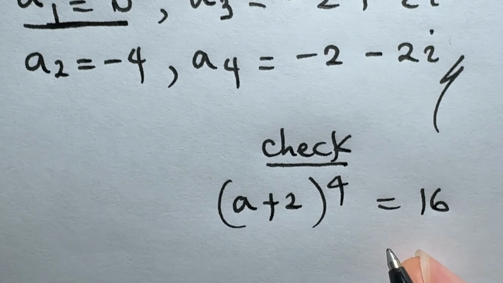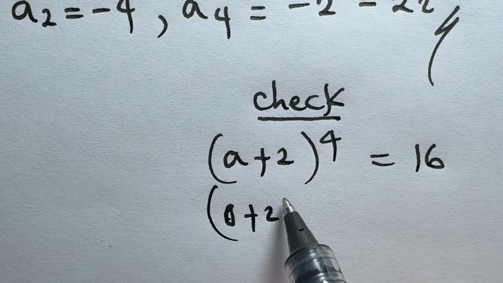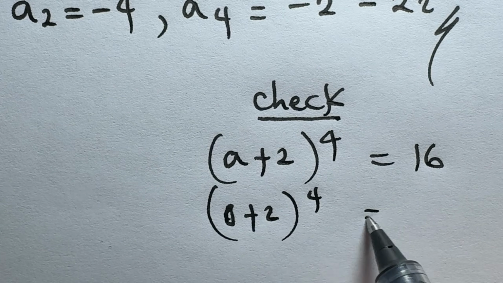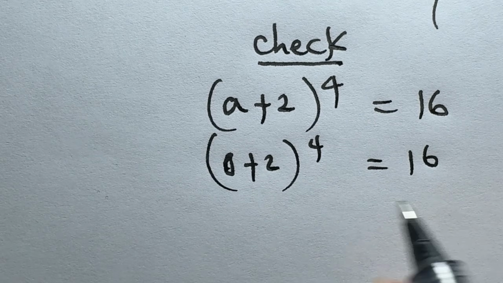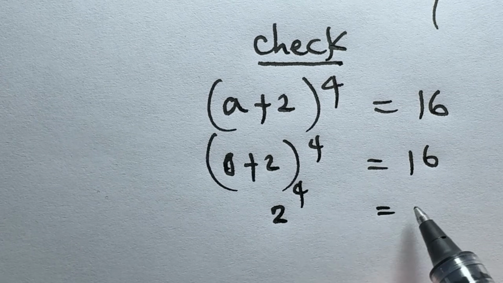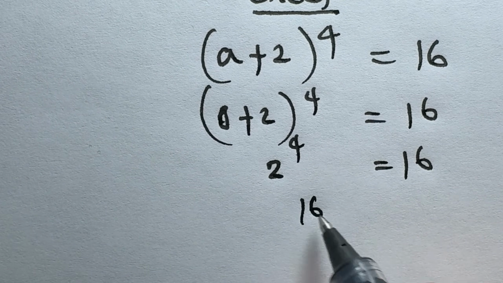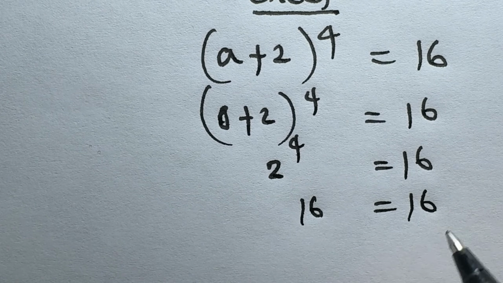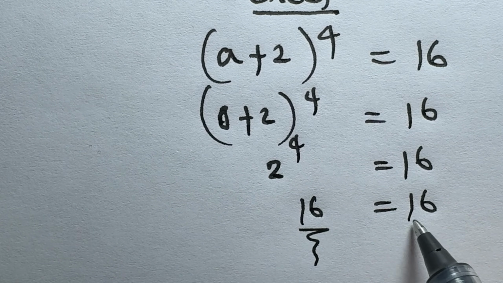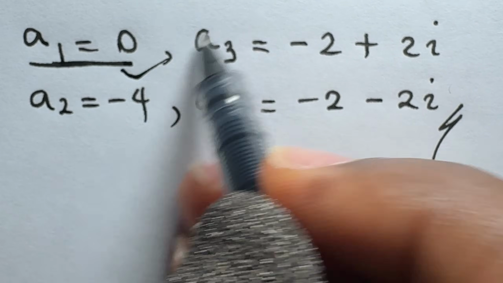So when a is 0, we have 0 plus 2 raised to power 4 to give us 16. 0 plus 2 is 2, so we have 2 raised to power 4, which is 16, so 16 is equal to 16. The left-hand side balances the right-hand side, so this solution is acceptable.